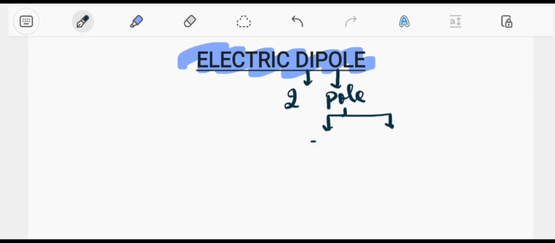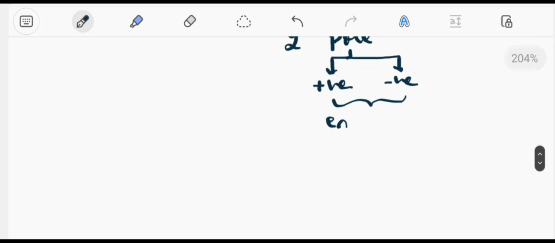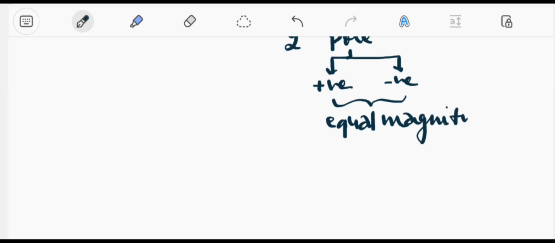One will be the positive charge, the other will be the negative charge, and the magnitude of both the charges will be equal. Two charges of opposite sign but equal magnitude. So how can we define electric dipole?